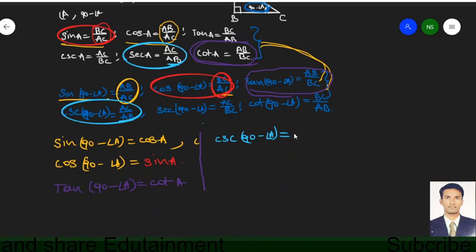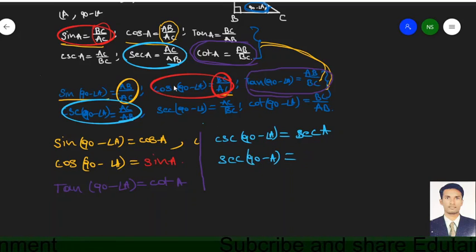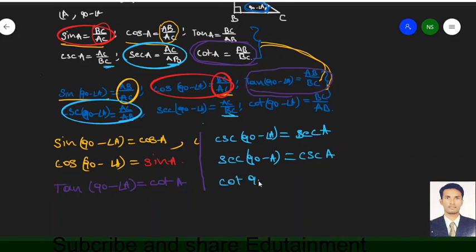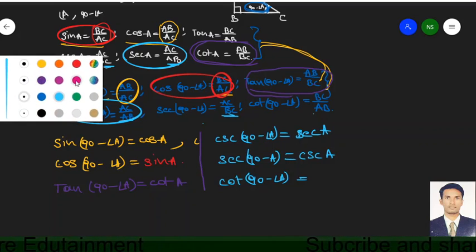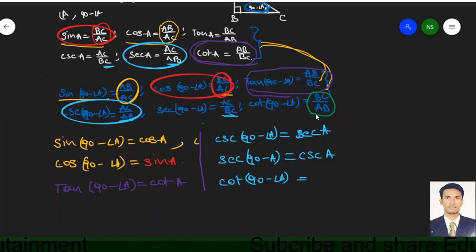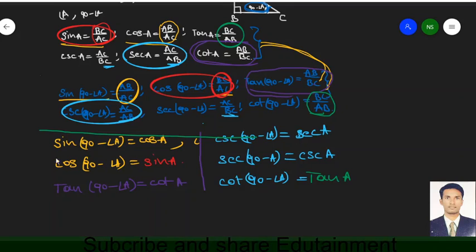So cosecant 90 minus A we can write as secant A. Secant 90 minus A is AC by BC, which is cosecant A. And the last thing, cot 90 minus A is BC by AB, which is actually equal to tan A. These are our very important formulas.